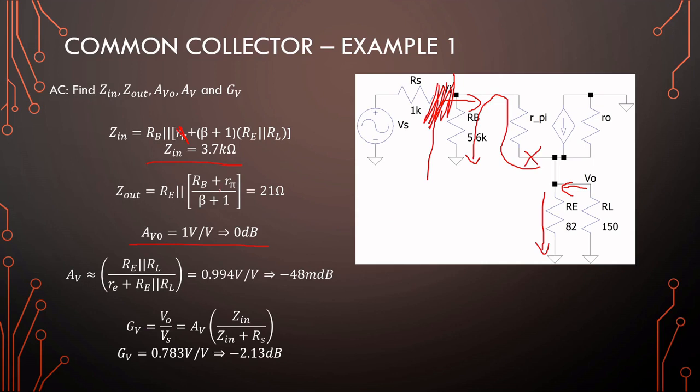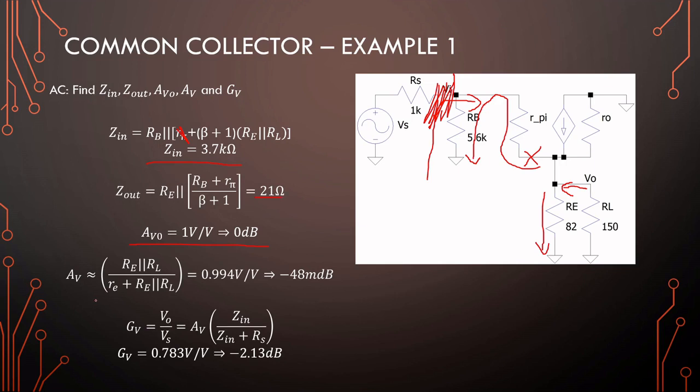So we have RB plus R pi over beta plus 1 in parallel with Re, and that gives us 21 ohms. Okay, so the output impedance of a common collector amplifier should be a very low value.